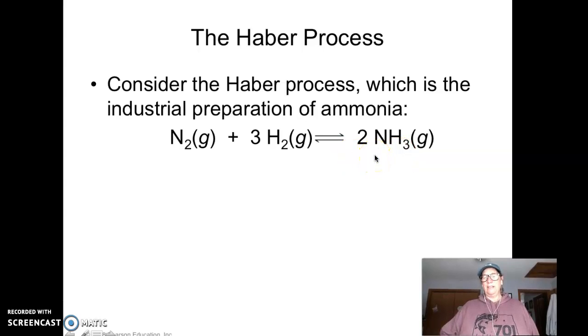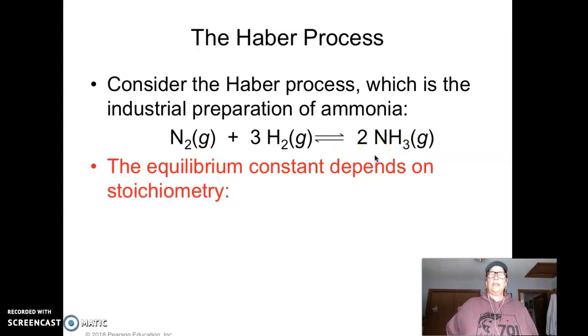Okay, so the equilibrium constant would depend on, this guy would go on top, so we'd take the concentration of NH3 to the second power over the concentration of H2 to the third power and the concentration of N2 just to the first power.